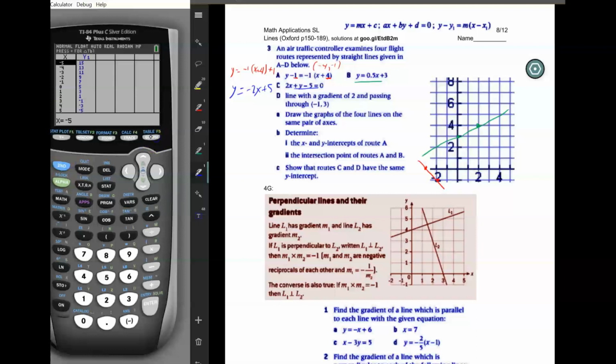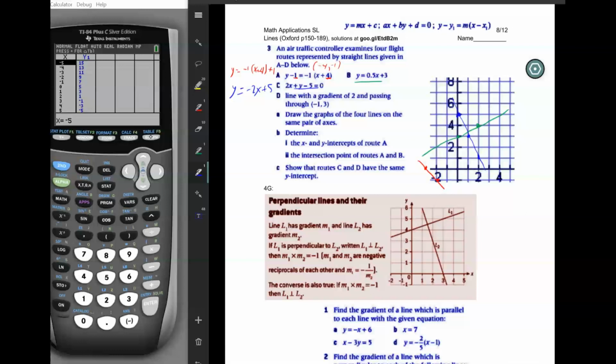And 0, 5 is one of the points, 1, 3 is one of the points, and 2, 1 is one of the points. Okay? All right. So these are all planes flying on a map, right?